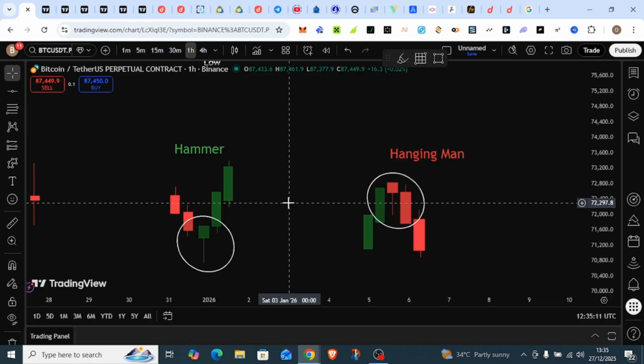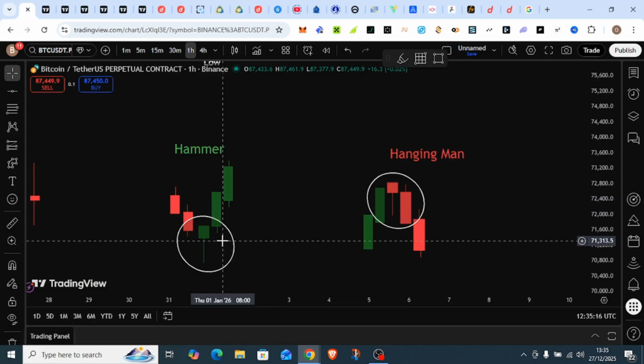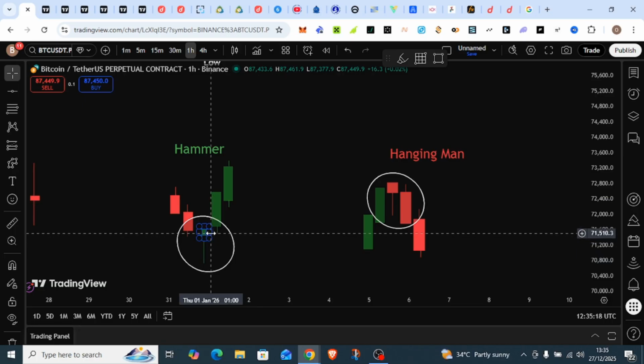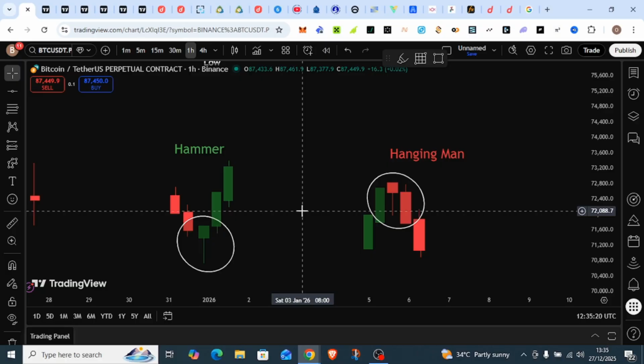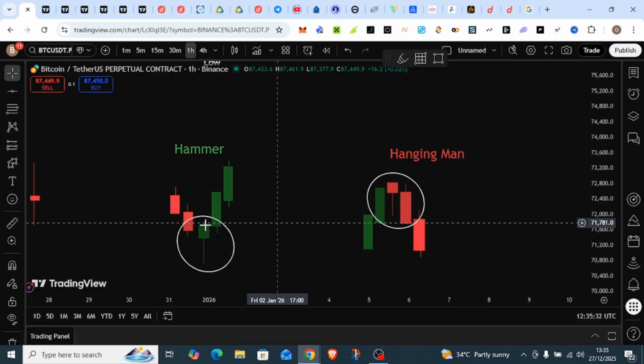It has small body at the top, long lower wick. This wick should be at least 2 times the body before you can call it a hammer. It can have little or no upper wick.